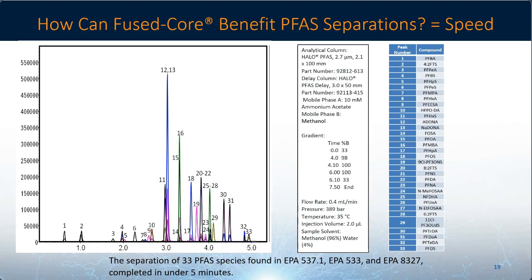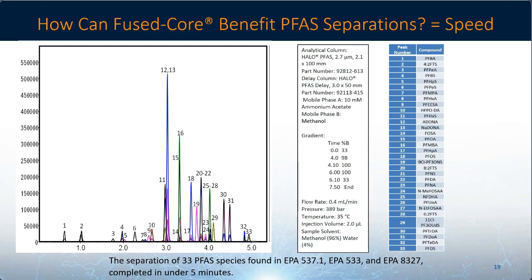With this in mind, we designed a method for maximum speed to separate all the compounds found in EPA 537.1, 533, and 8327. We were able to do this separation in just under 5 minutes. We have all 33 compounds identified, with a nice separation of them, so there is no separation issue that affects us.